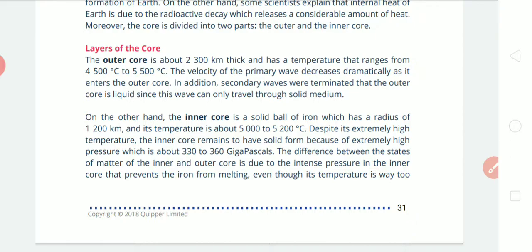So in this outer core, the velocity of the primary wave decreases. P waves slow down as they reach the outer core. In addition, secondary waves were terminated.